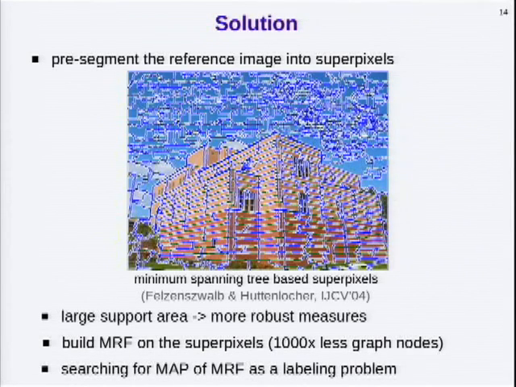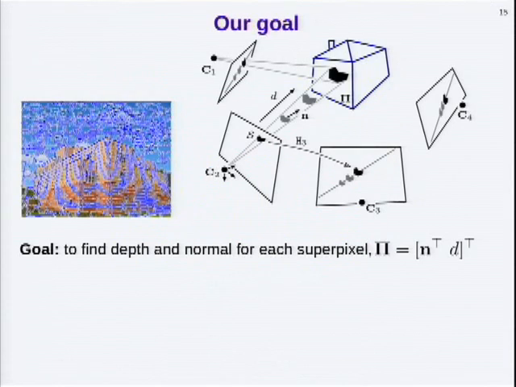And we formulate the search for the maximum a posteriori probability of the Markov random field as a labeling problem, as I will show later. So our goal is the same as before for pixel-based stereo, but here we switch to the superpixels, and we want to find depth and normal for each superpixel in our reference image.